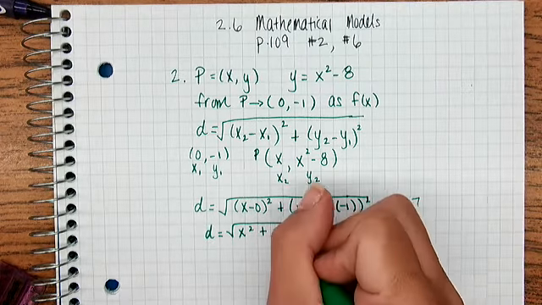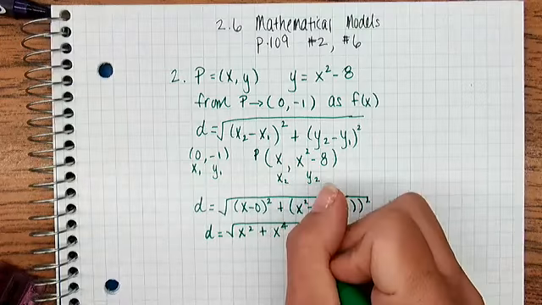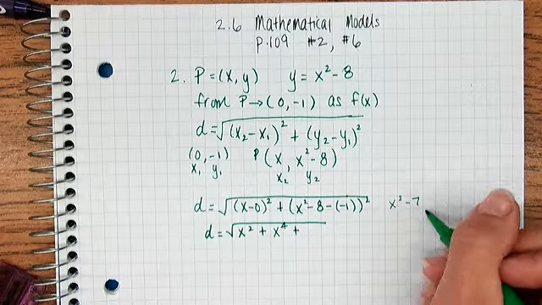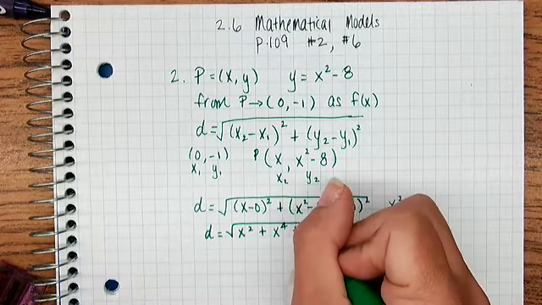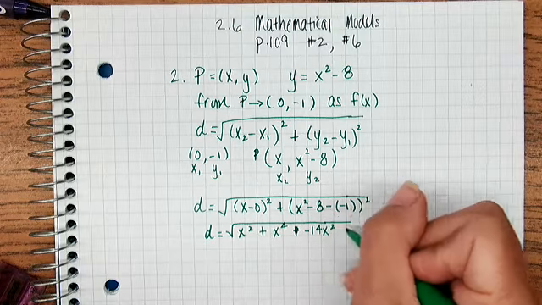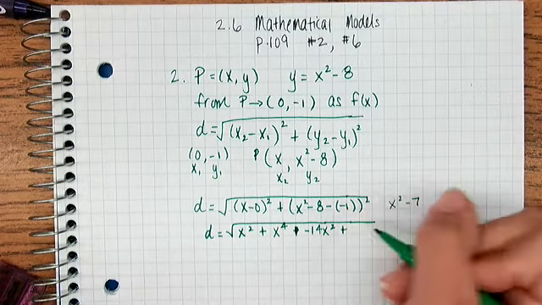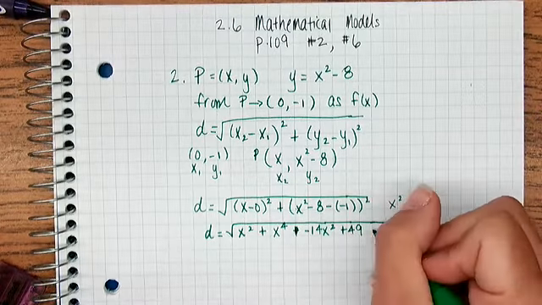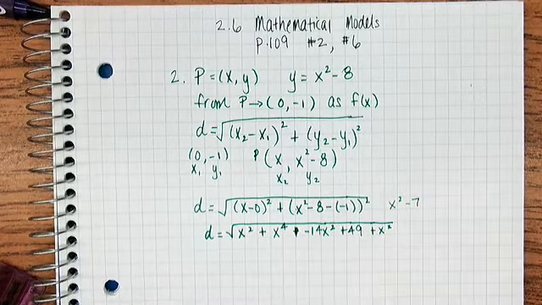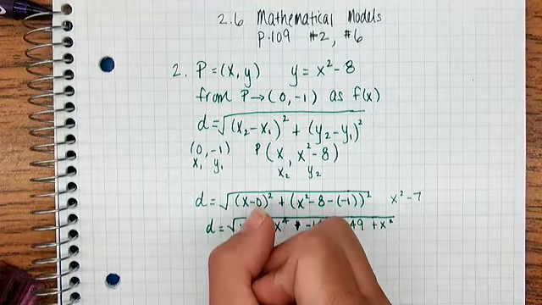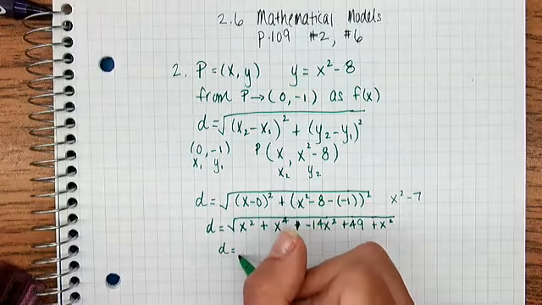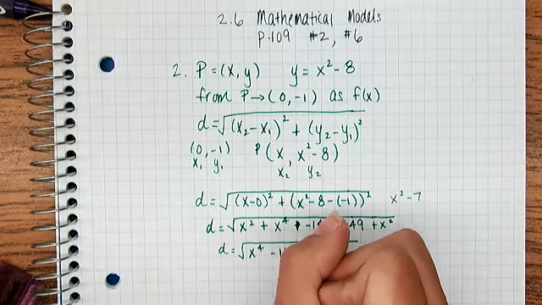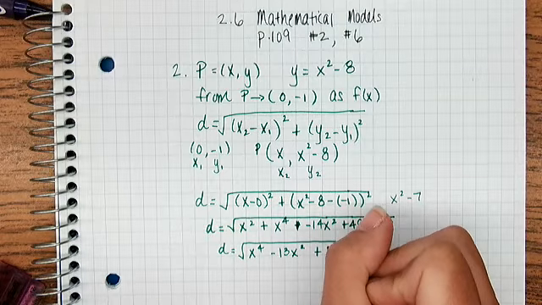So this is FOILed out is going to be x to the 4th, no, sorry, I lied, minus 14x squared plus 49, and then the plus x squared. This is now the square root of x to the 4th minus 13x squared plus 49.